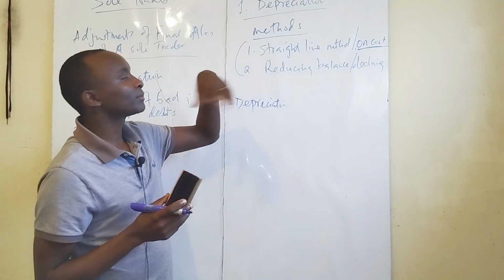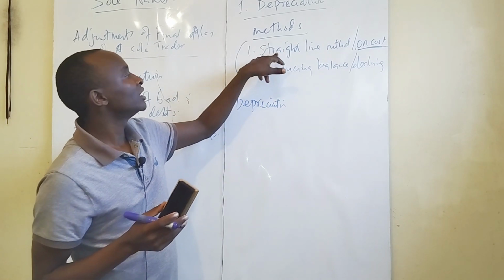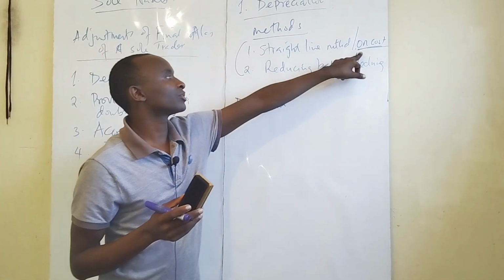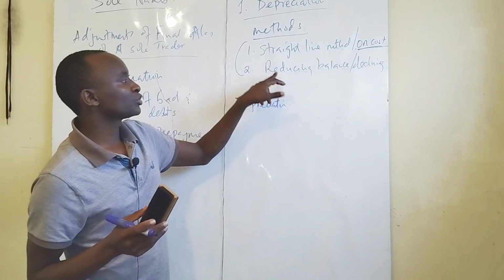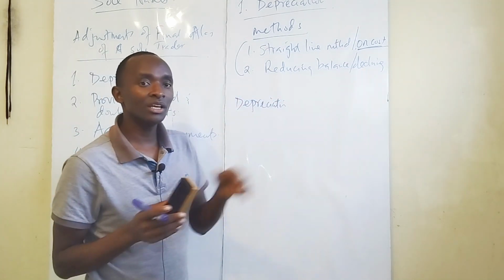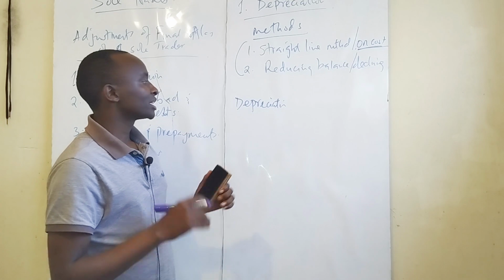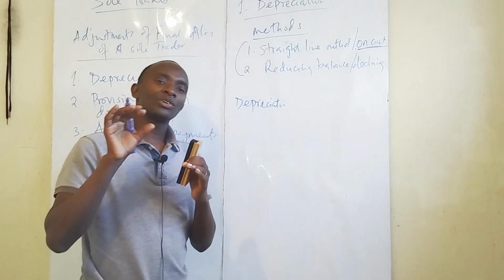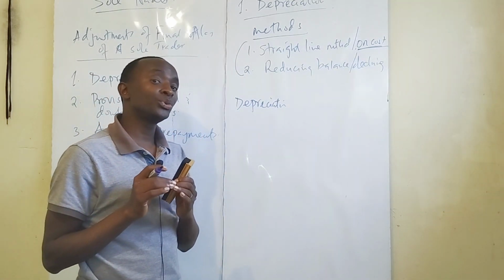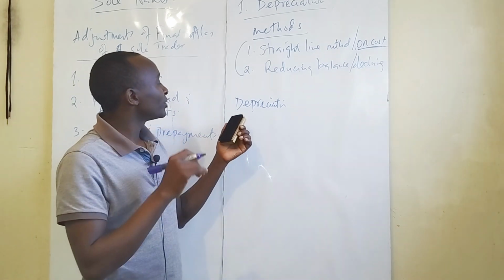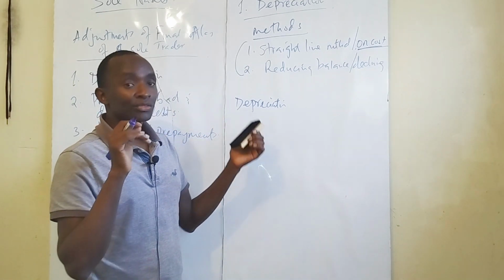Maybe the company is providing depreciation at 10% straight line on cost, or 2% on reducing balance. You'll be given a percentage. But there is a situation whereby you are not given a percentage. So what do you do? You use the normal formula of depreciation.